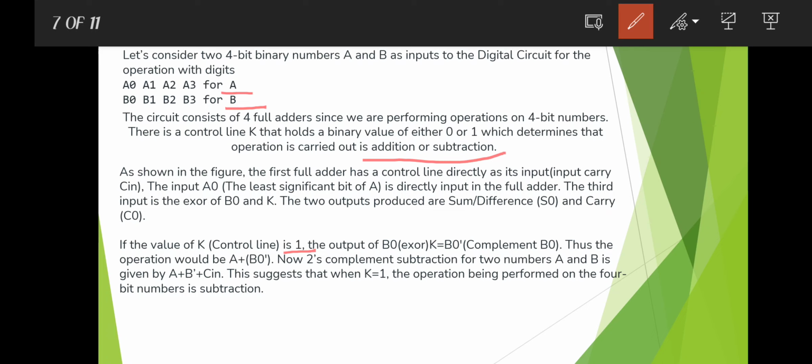Thus, the operation would be this. Now, in 2's complement, subtraction of two numbers A and B is given by A plus B dash plus C in. This suggests that when K is equal to 1, the operation being performed on the 4-bit number is subtraction.